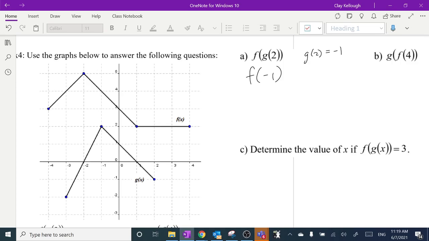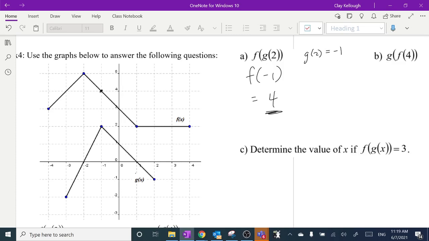So on the f function, when x is negative 1, looks to me that f of negative 1 is 4. Get it? I read the output from the input 2 on the g function, and that becomes my input on the f function. And the output turns out to be 4.